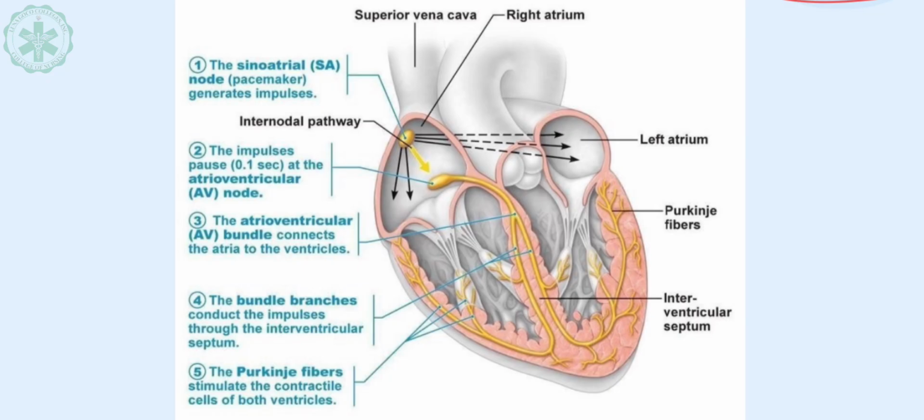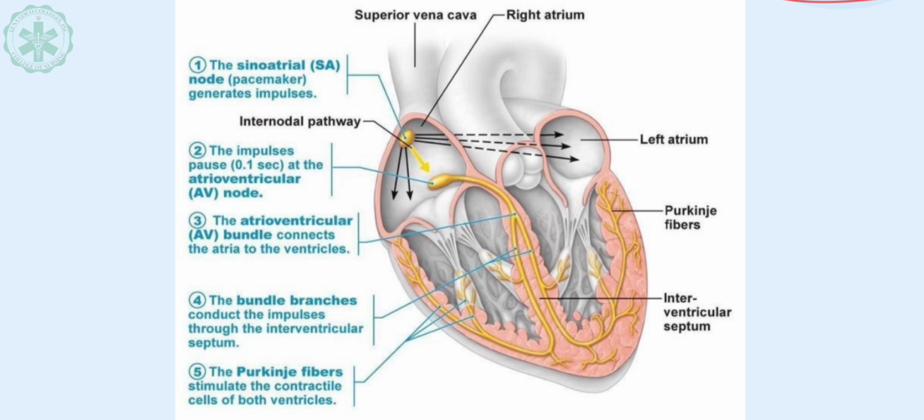In this picture, it shows the impulses spreading through the atria via interatrial pathways. These conduction pathways converge and narrow through the atrioventricular node, or the AV node, slightly delaying transmission of the impulse to the ventricles. This delay allows the atria to contract slightly before ventricular contraction occurs.